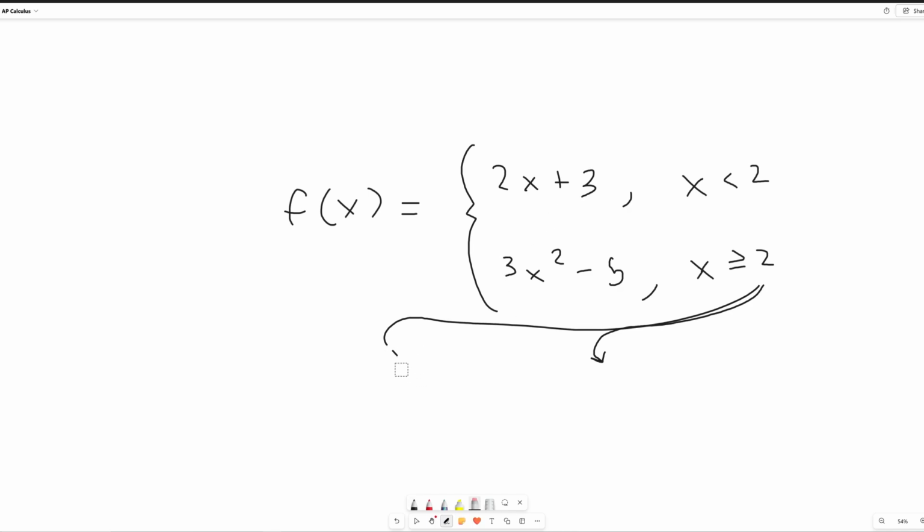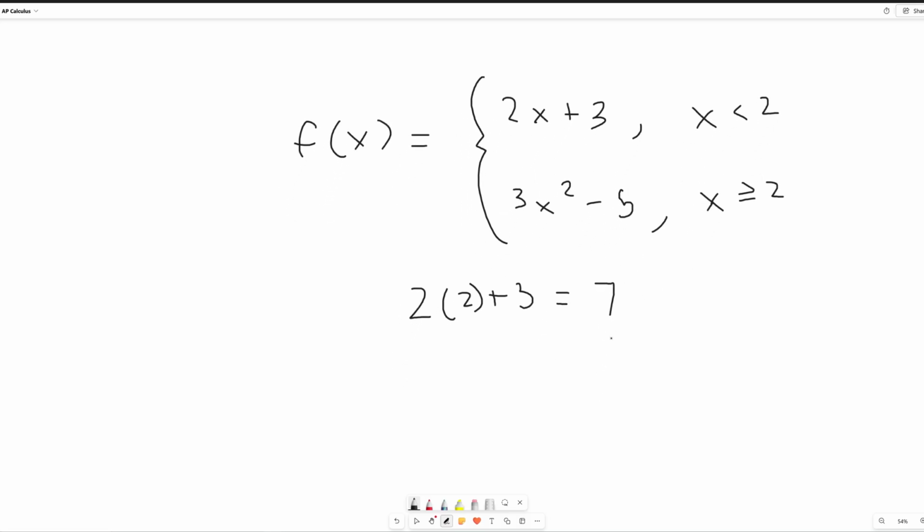Now, we can do the same process we did before to figure out if this is continuous. So, let's try it. Limit as it approaches it from the left is going to be 2 times 2 plus 3, which is going to equal 7.